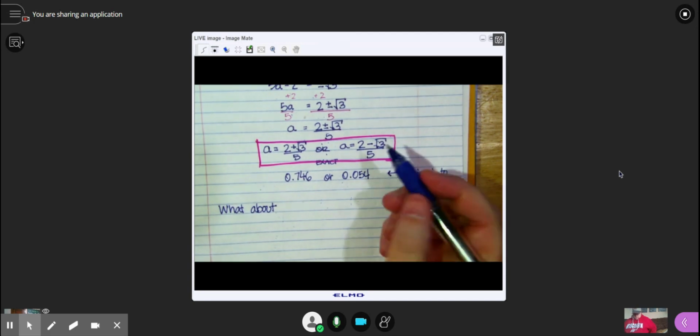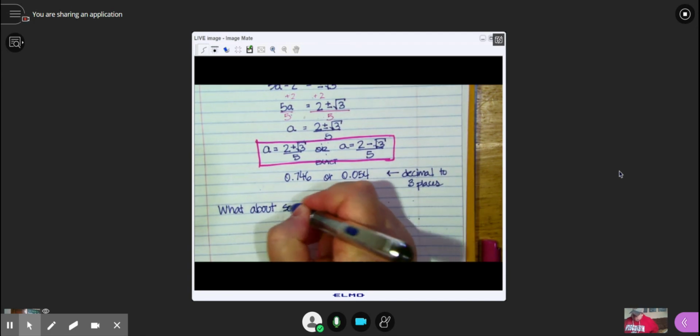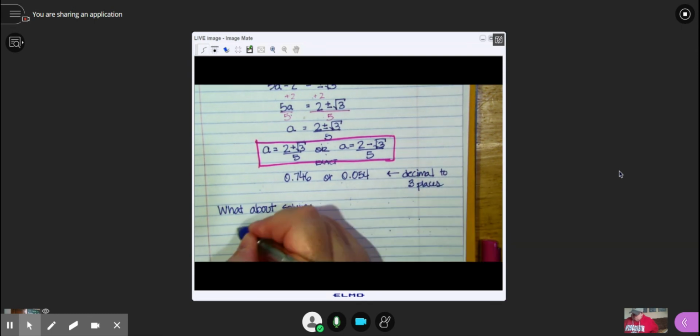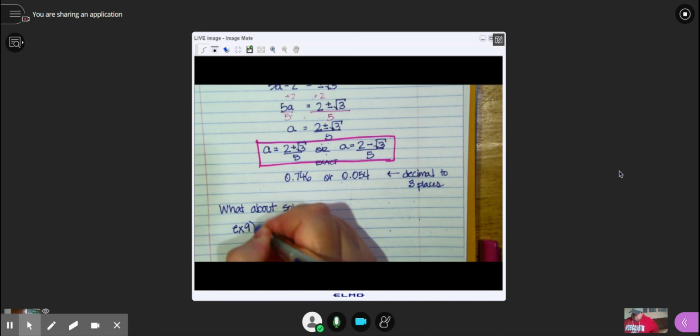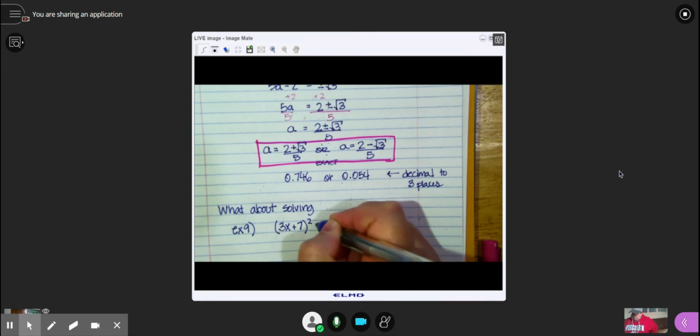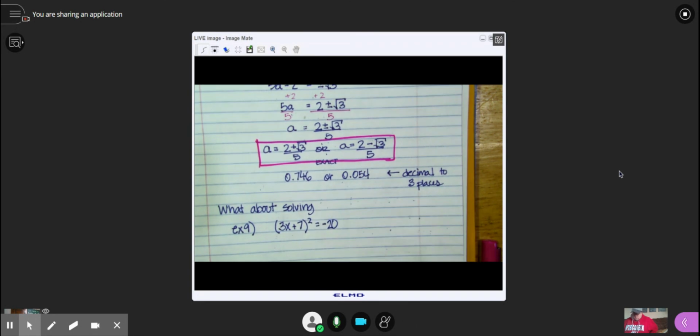What about solving, let's say, 3x plus 7 squared is equal to negative 20.